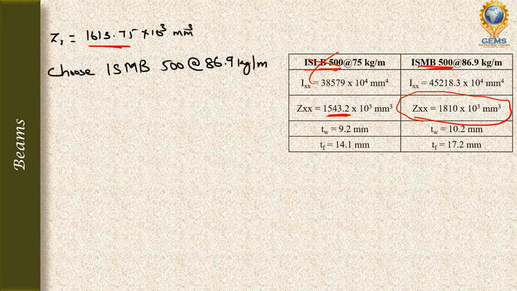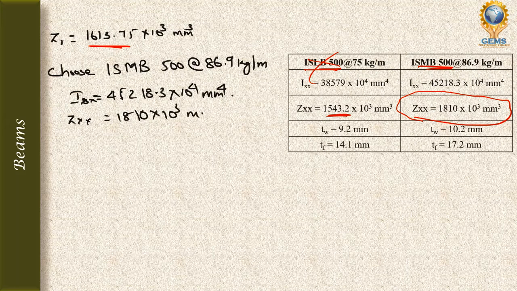It has Ixx of 45218.3 into 10 to the power 4 mm power 4, and Zxx section modulus is 1810 into 10 to the power 3 mm power 3, thickness of the flange is 17.2 mm, and thickness of the web is 10.2 mm.